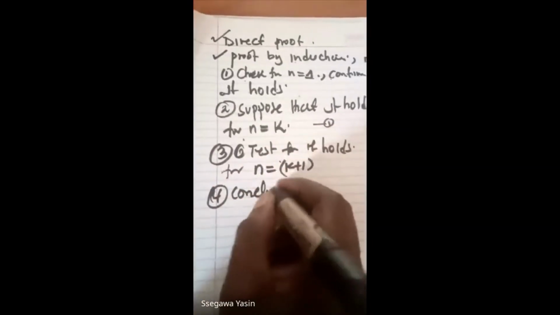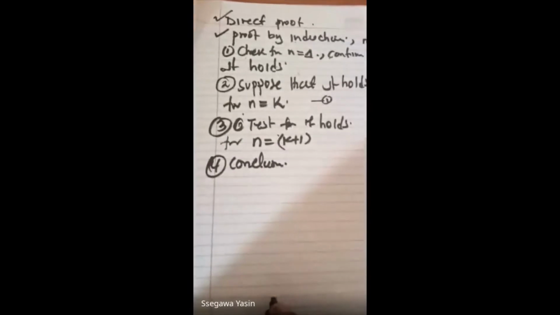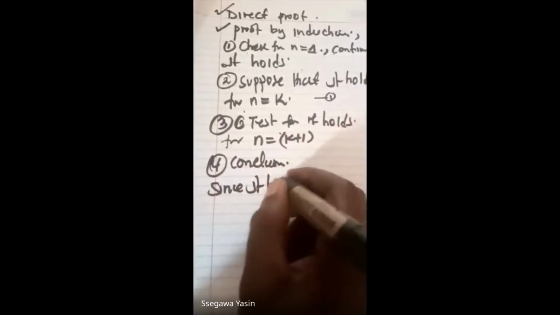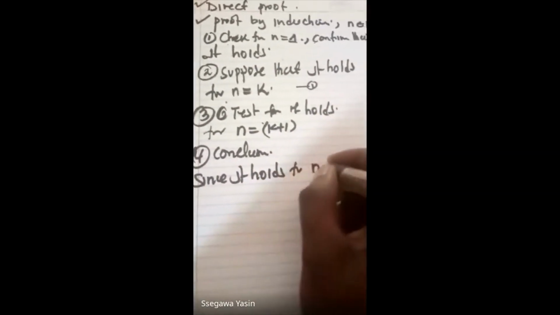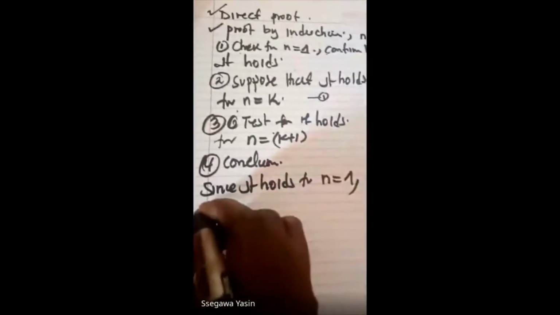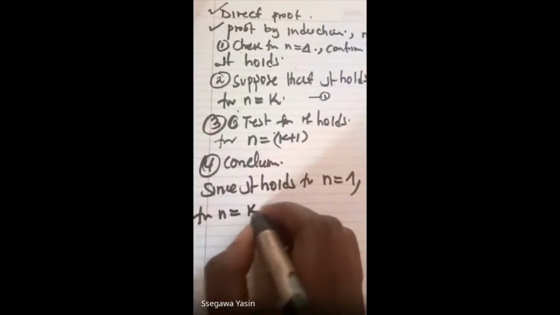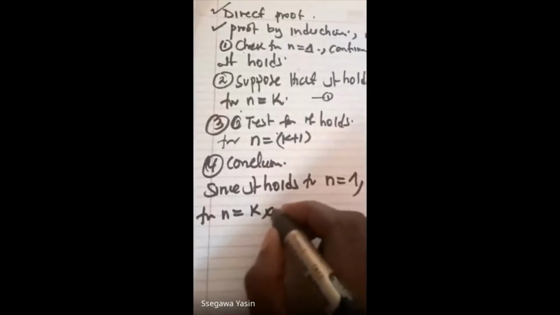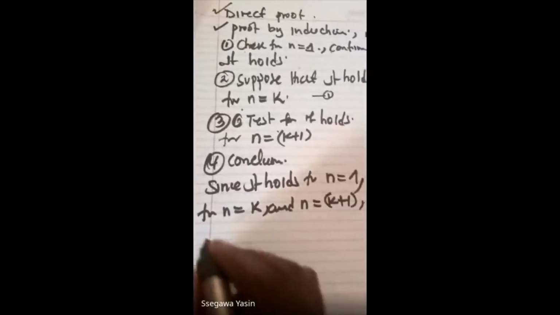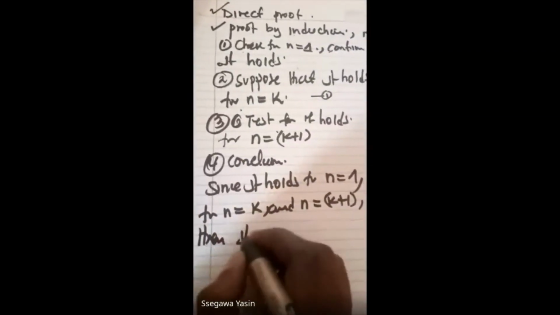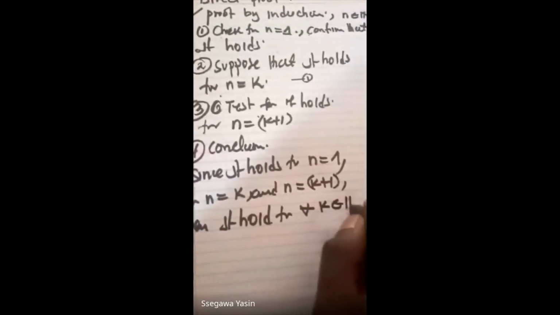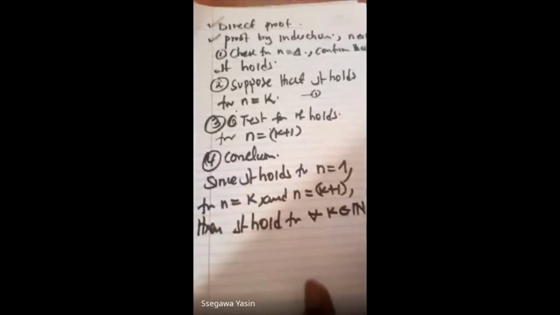4, you make a conclusion. And how do we conclude? That since it holds for n is equal to 1, because remember it's what you start with, for n is equal to k, and n is equal to k plus 1, then it must hold for every k from n or from r or from anywhere they have told you to pick it from.